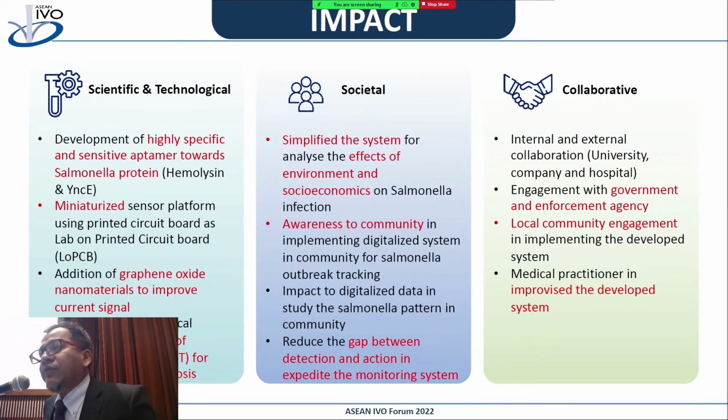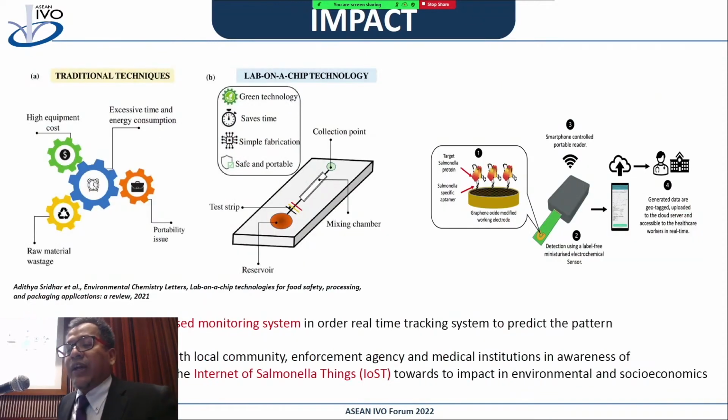For collaboration, right now we are working with the Institute for Medical Research, Inform, and the MOH, the Ministry of Health, and also with a startup company to do further prototyping. And of course we have engagement through this grant. For the previous grant we worked through the CREST grant and also with the local community in Kelantan. So that is the impact.